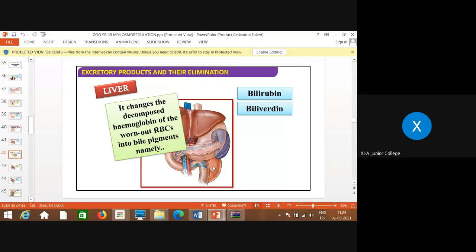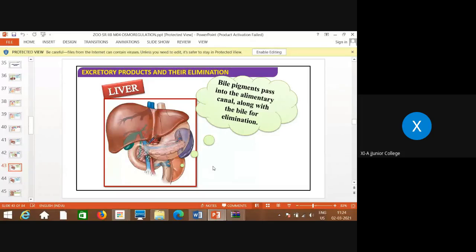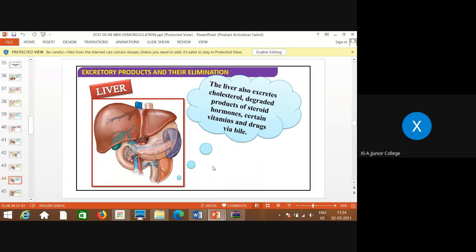These bile pigments pass into the alimentary canal along with the bile for elimination. The liver also excretes cholesterol, degraded products of steroid hormones, certain vitamins and drugs via bile.